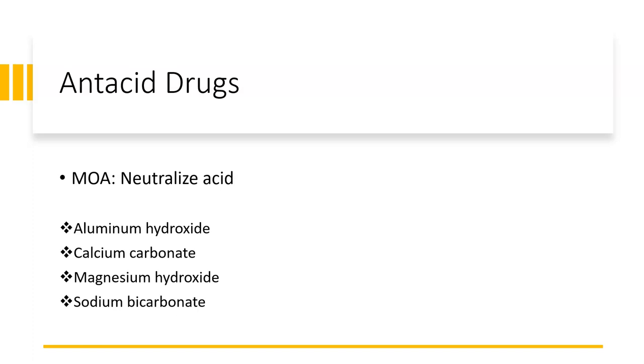Now, a couple of things. Antacids that contain calcium. Oops, I didn't mean to go forward yet. I wanted to do a highlight here. If it contains calcium, let's make sure I have my highlighter and not my pen. There we go.